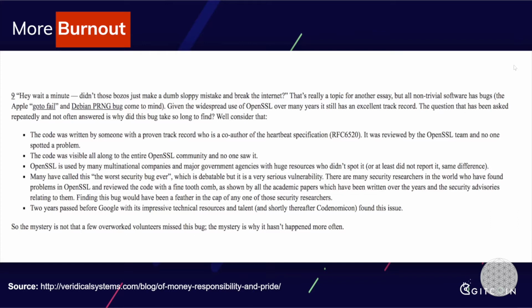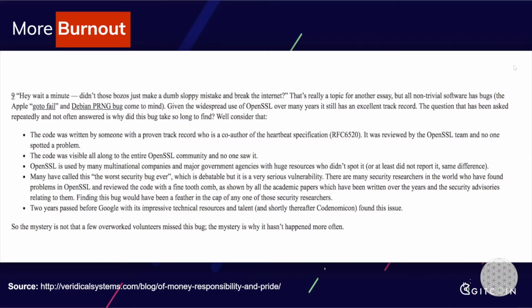It might be hard to read all of this in the time that I'll have this slide up, but one of the things I really want to call out here is that many have called this the worst security bug ever, but it's at the very least a very serious security vulnerability. And this was caused because there's really one maintainer, and I think even to date, maybe 2 or 3 maintainers of OpenSSL, despite the fact that it powered over 80% of the internet at the time that this happened, if I recall correctly.